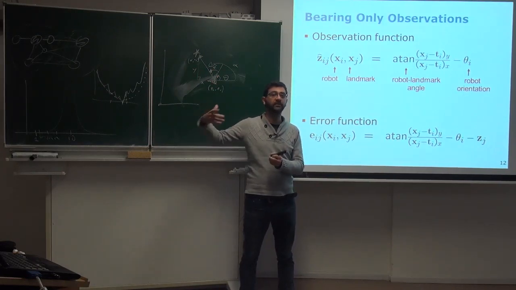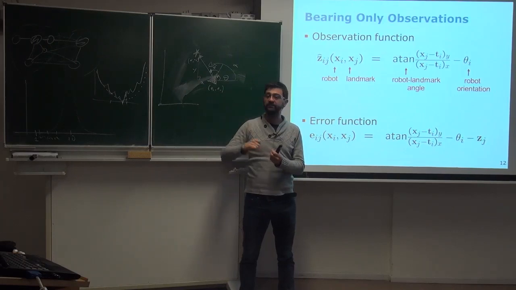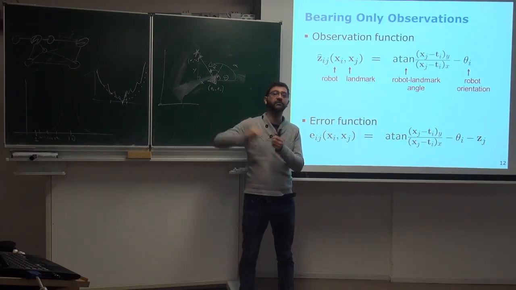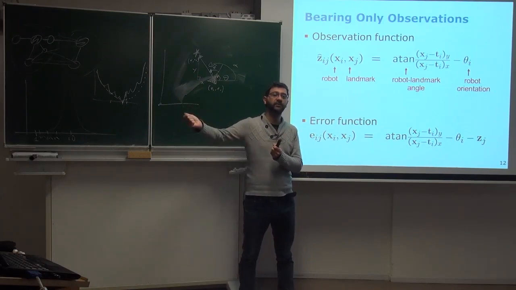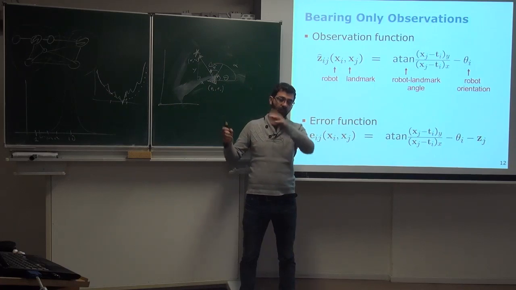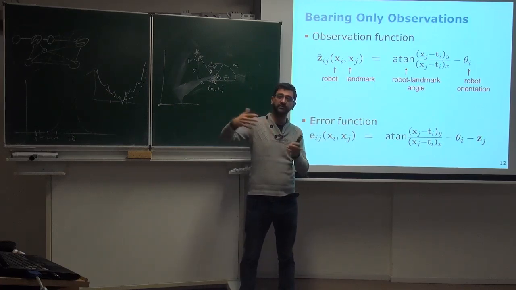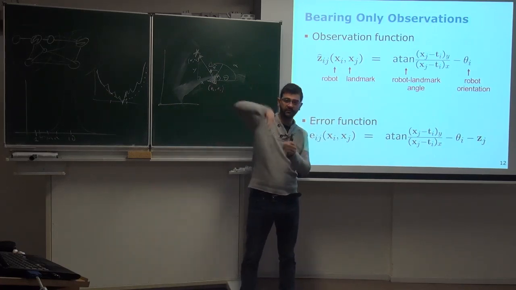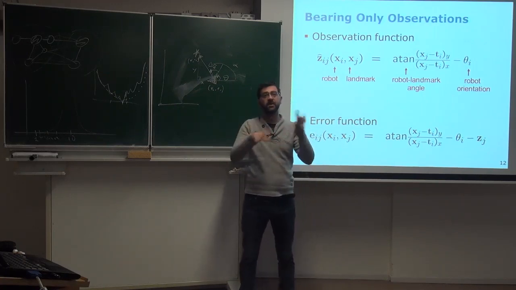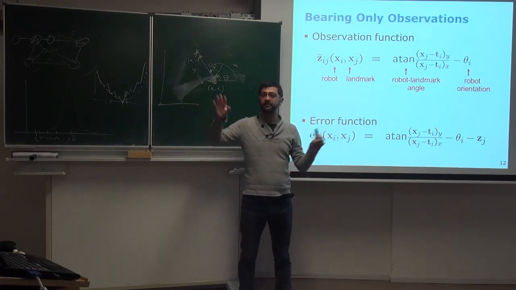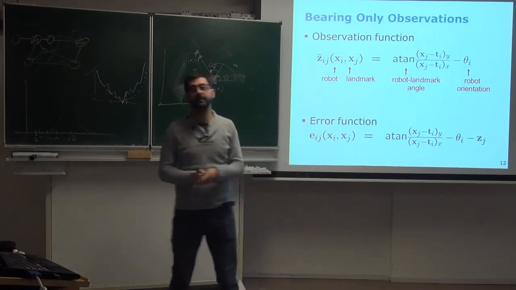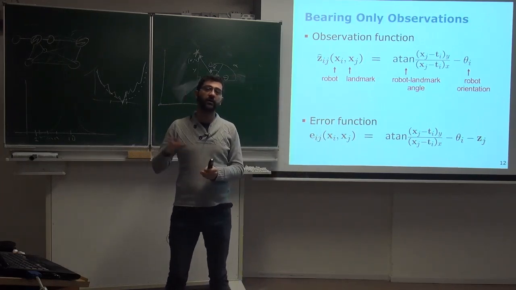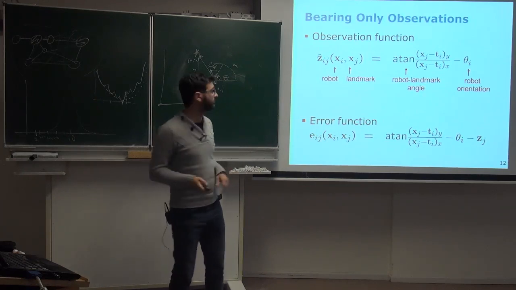If you have something which tells you the signal strength of some emitters, you can get an idea how far the transmitter is, no? Because you can imagine the signal decreases with the square of the distance, and you can somehow get an idea of how far the emitter is. So that's why it's getting a bit more popular. But we'll skip it and we'll just go with the classic bearing only or range bearing sensors.